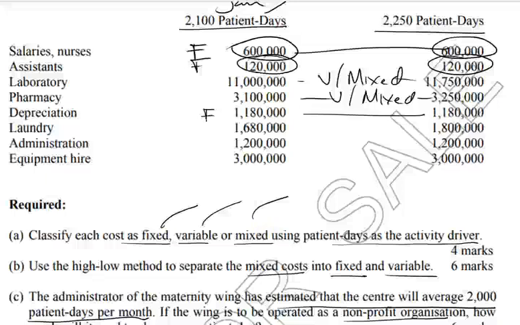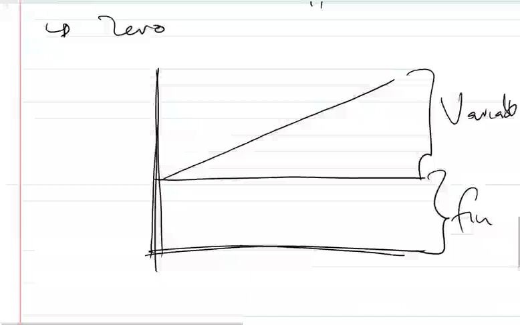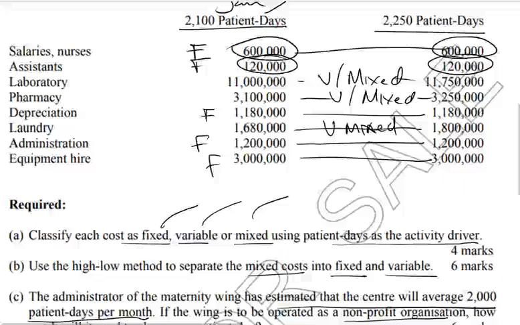So we have 1,680,000 and here 1,800,000. This can either be variable or mixed. We have 1.2 million, 1.2 million. This is fixed, and this is also fixed. So we can just categorize them. We know all the fixed ones right here, so I can just highlight all the fixed costs.